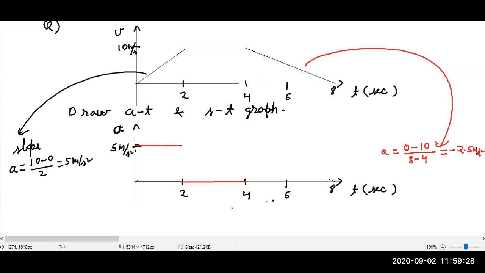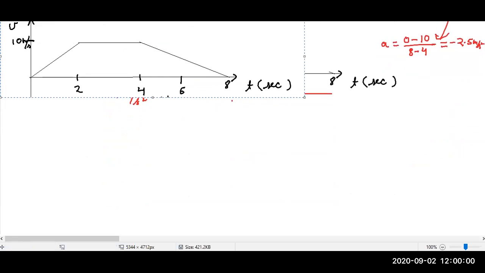Minus 2.5 means we have to take it on the lower side, but its magnitude will be less than the one above. That is 5 meter per second square, and here it is minus 2.5 meter per second square. So the graph will look like this, the acceleration time graph.